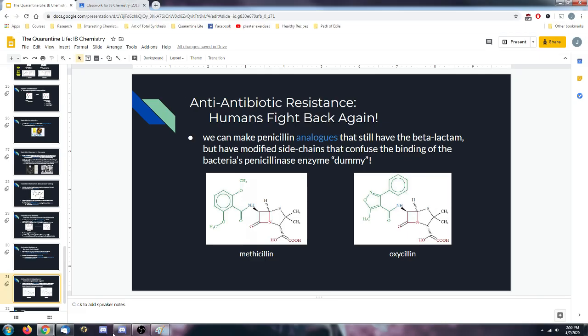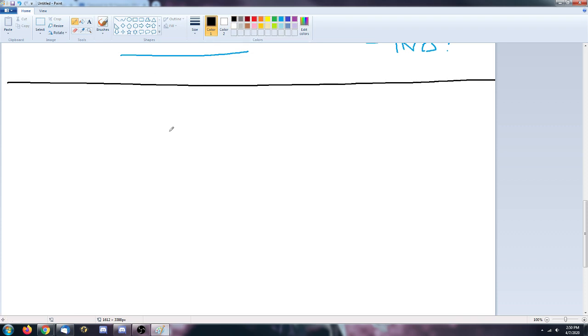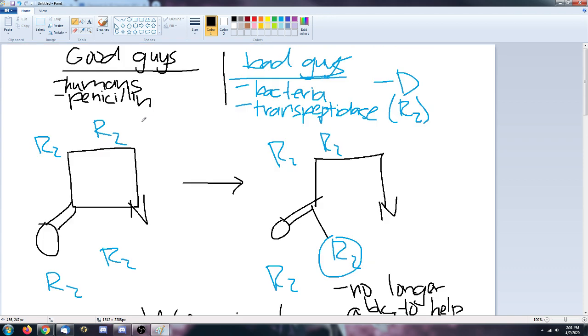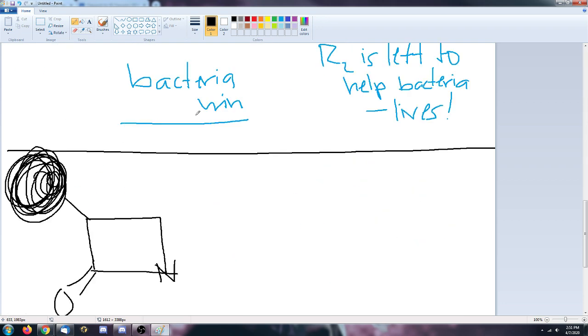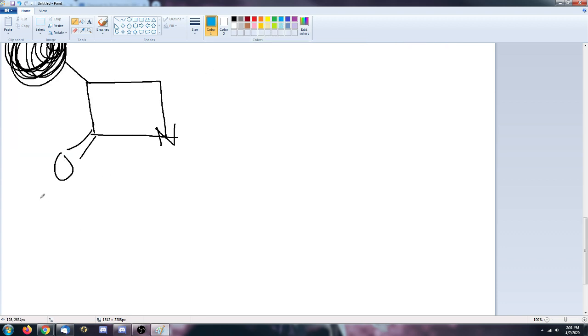So let's go back to our last picture here. So here's us again. Here's our beta-lactam. And then over here, I'm just going to say we added this huge structure. So the good guys, we have analogs also. And let's draw the bacteria.